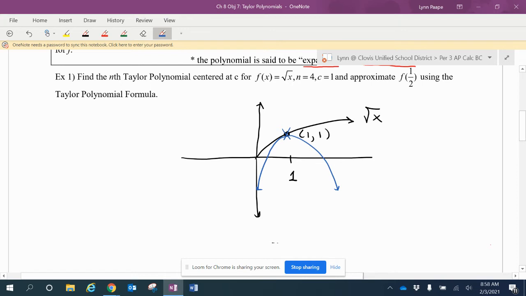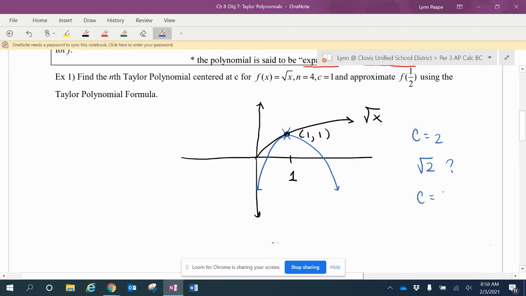And the reason that we choose the different center pieces, like you will never make that choice, it will always be given to you, is because it has to be a known value, something that you don't need a calculator for. So like I would not want to center this at 2 because I don't know the square root of 2.